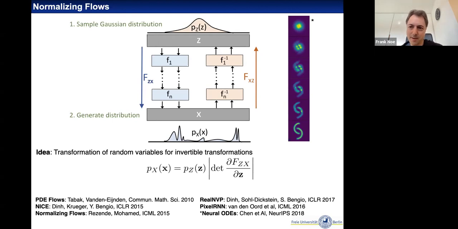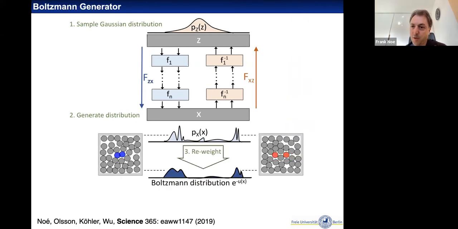And if we know that, so basically we know the likelihood of the network generating something, we can match it to our target density, which we know point-wise. And so that's the idea here.